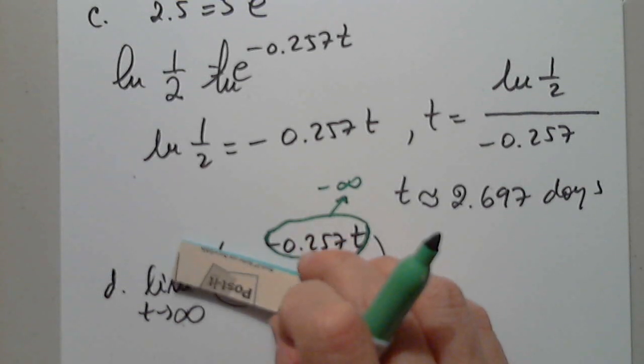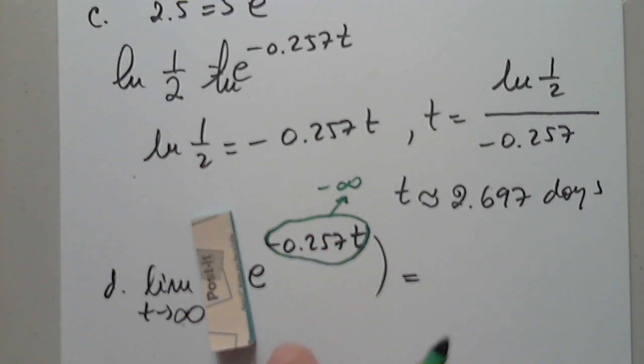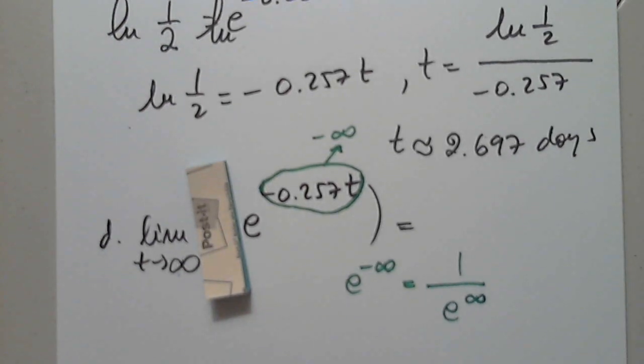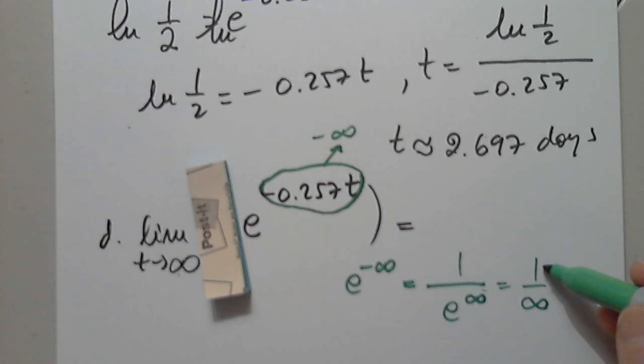Awesome. Now, e to negative infinity. E to negative infinity, as we know, and we have to know this, please, is 1 over e to infinity. How big is e to infinity? It's infinity. And we discussed this a long time ago. A tiny number divided by huge.